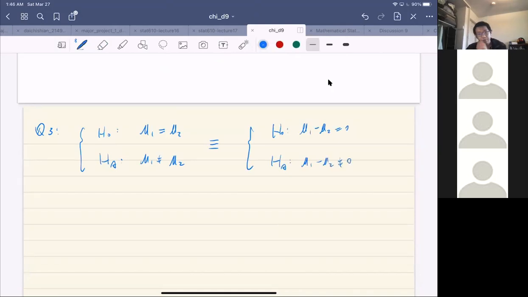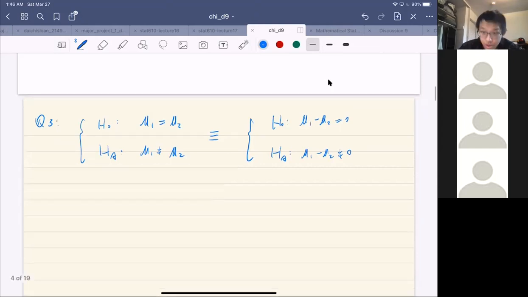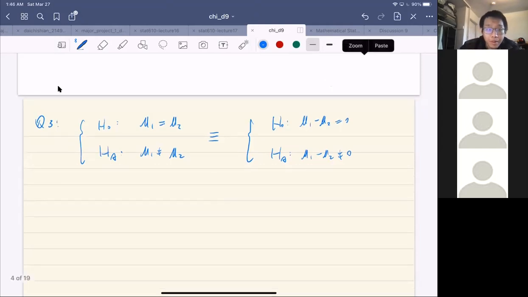Then we can use the theory. We want to find a sufficient statistic for this variable, and you can show that x bar versus y bar is sufficient.